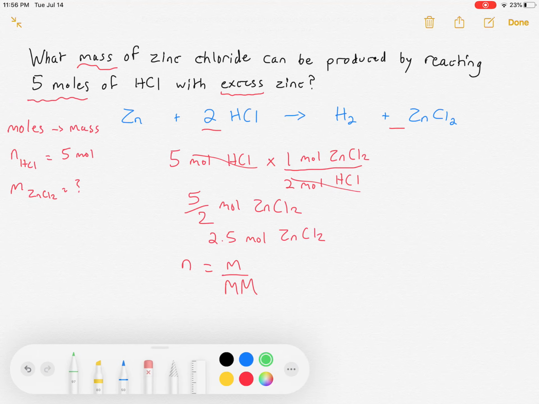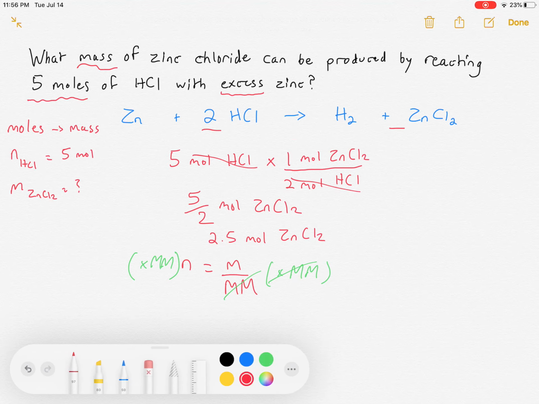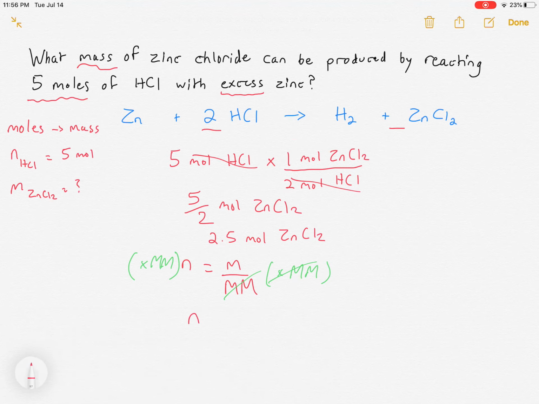I'm just going to change colors to make it super clear. We can rearrange the equation and find mass. We can isolate mass by multiplying both sides of the equation by the molar mass, because then those will cancel out. What you end up with is mass being equal to moles times molar mass.